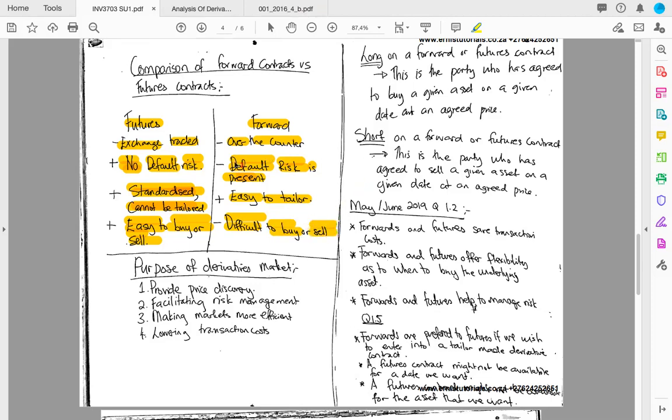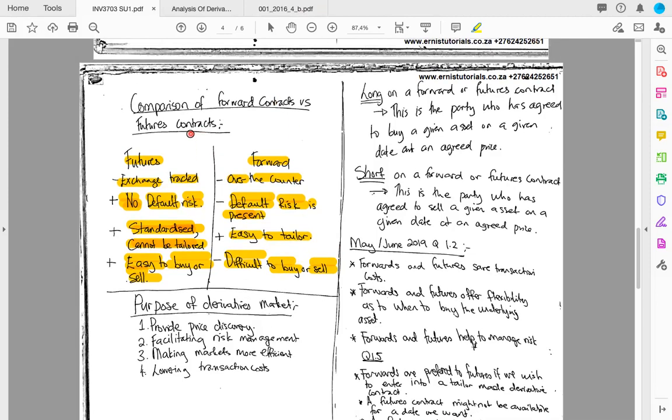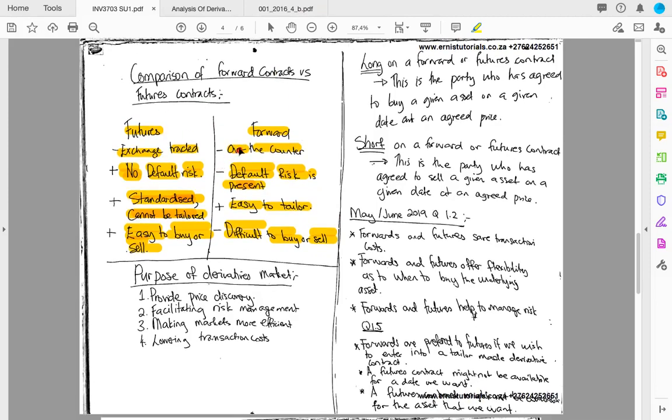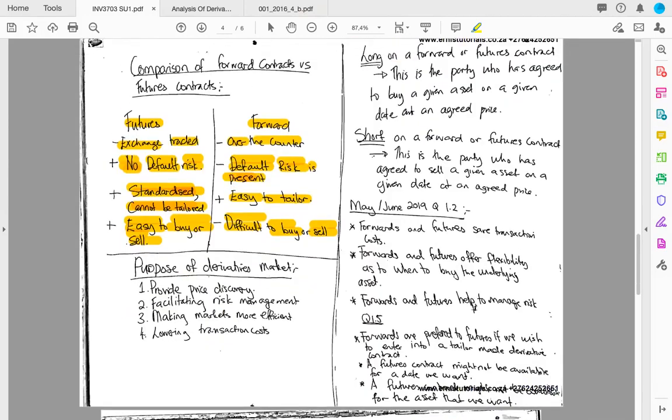Okay. So these are some of the differences between forwards and futures, and you should be comfortable with these. They've been examined a lot. You also need to know the purpose of the derivatives market, how the derivatives market actually helps in terms of investment markets and other factors, right?